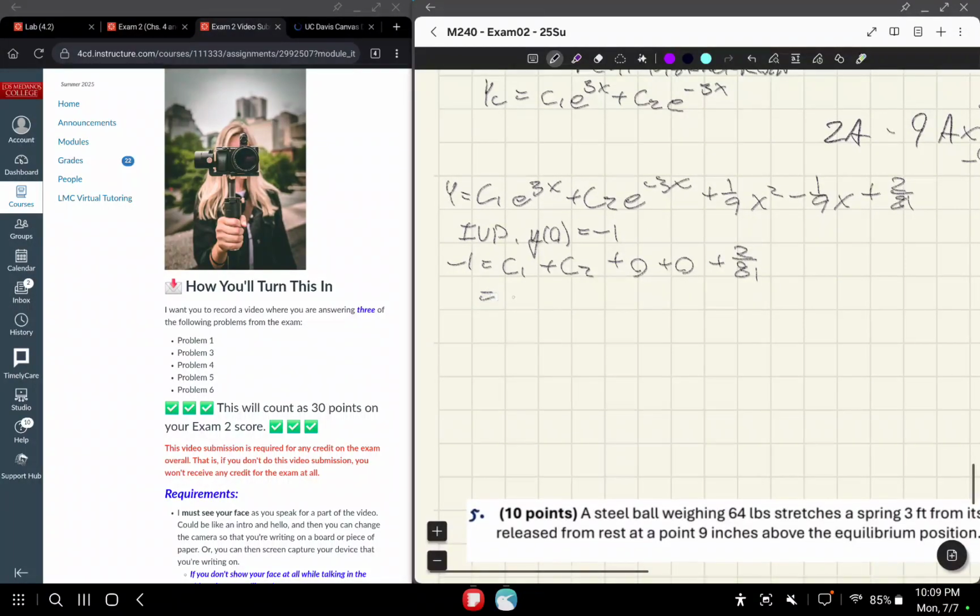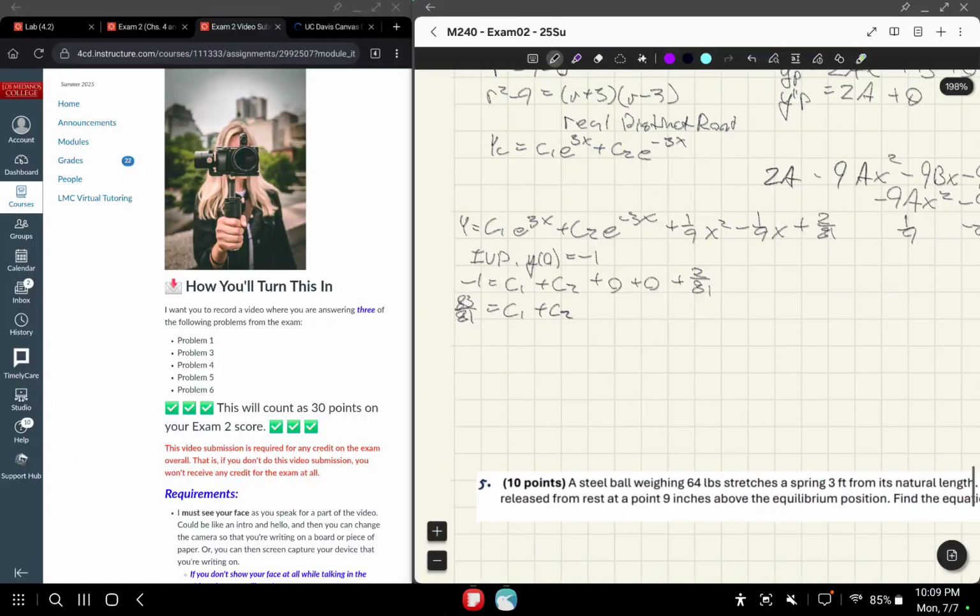And this will be c1 plus c2 minus 2 over 81, so this will be negative 83 over 81 equals c1 plus c2.